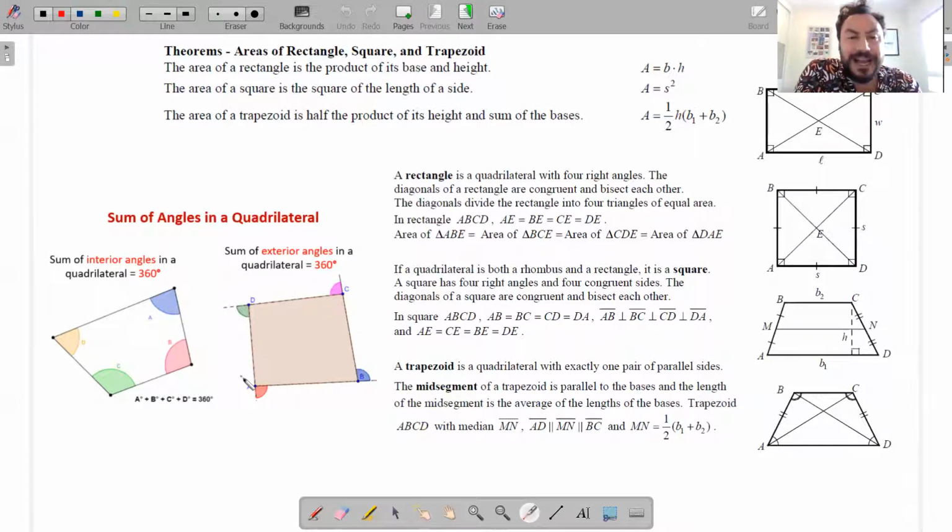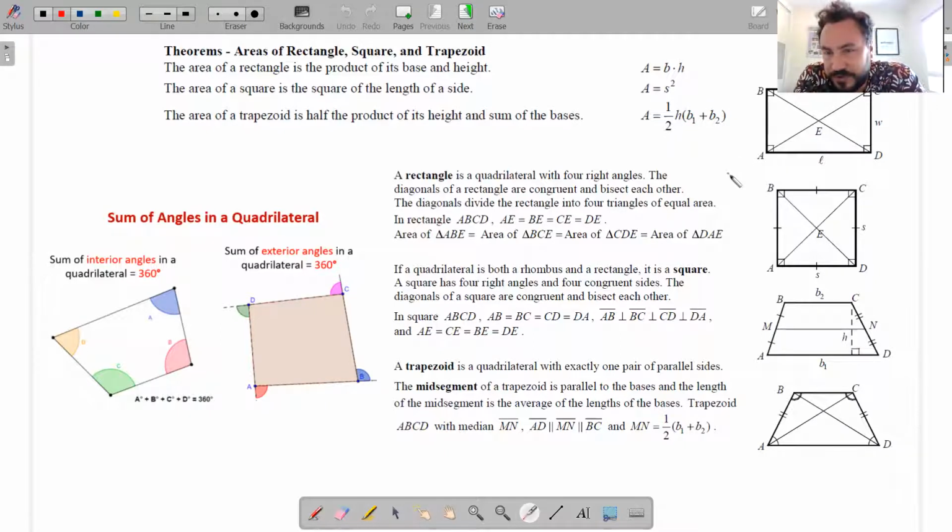Now, there are other types of quadrilateral, like, for example, a trapezoid. The trapezoid has the characteristic that it has two bases, and one of the bases is always bigger than the other base. So the formula to find the area of a trapezoid is 1/2 of the height multiplied by the two bases summed together.